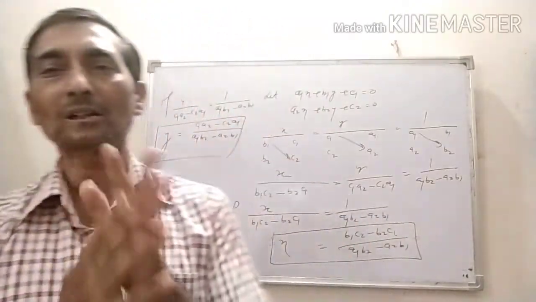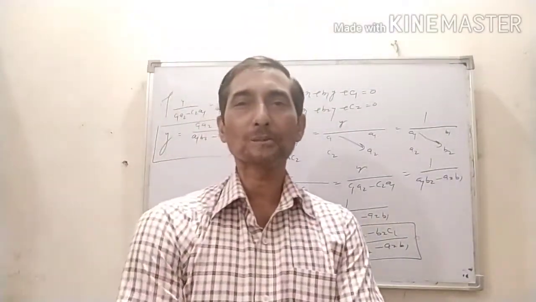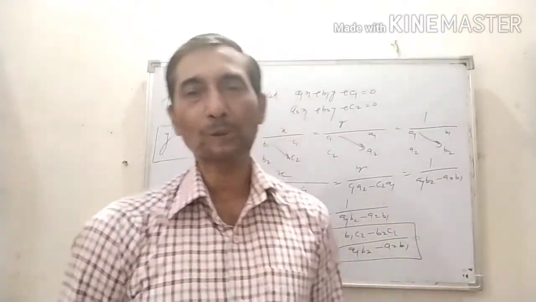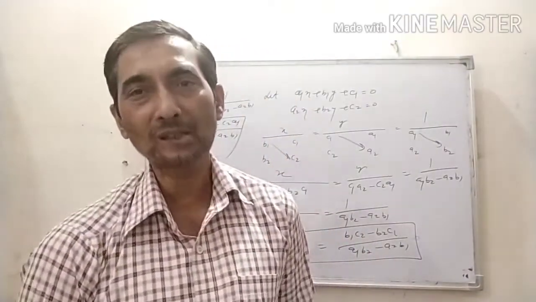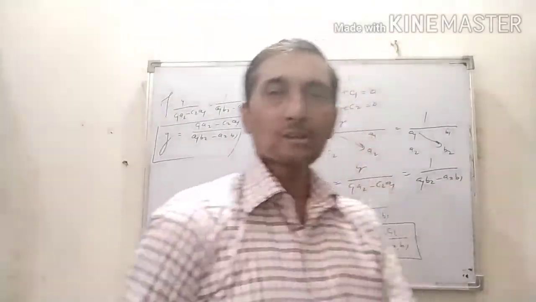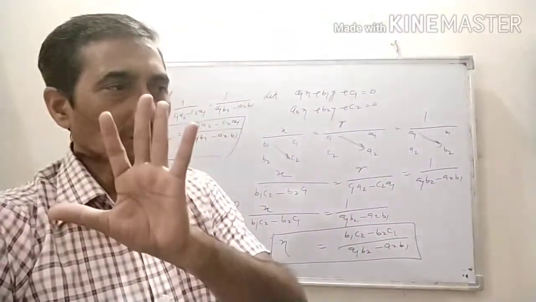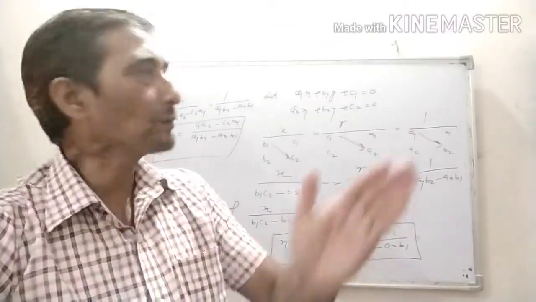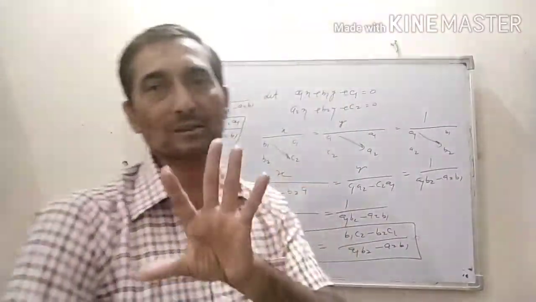This method is called the cross multiplication method. In problems, how can we apply this? The rule is, first, the given equations should be arranged into the standard form.